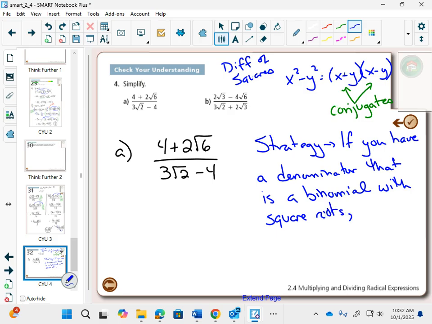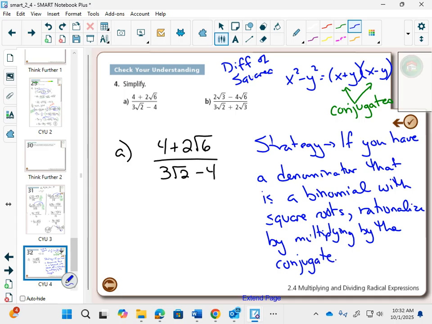If that's the case, which we do here, we have a denominator that's a binomial, two terms, and there's square roots involved. We have a square root of 2. The strategy is you can rationalize by multiplying by the conjugate. Oh my goodness.